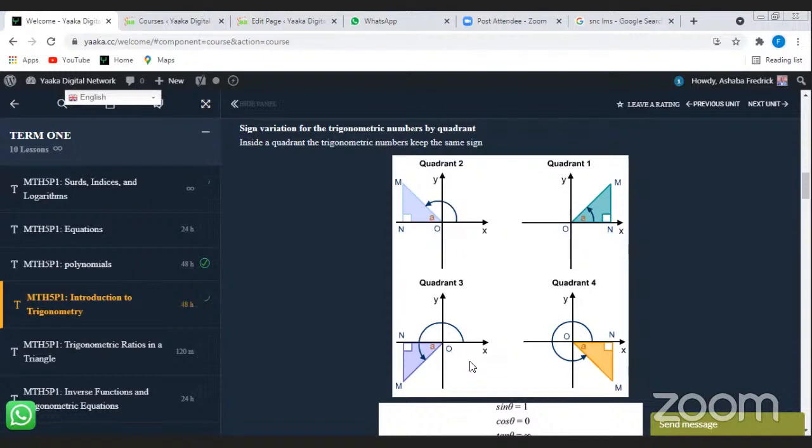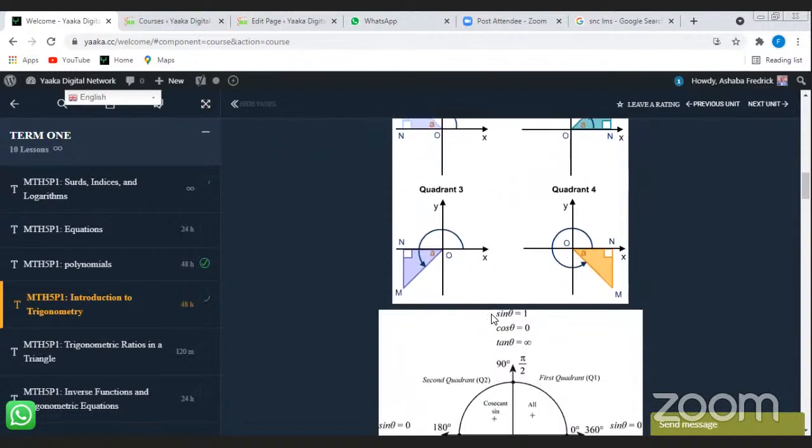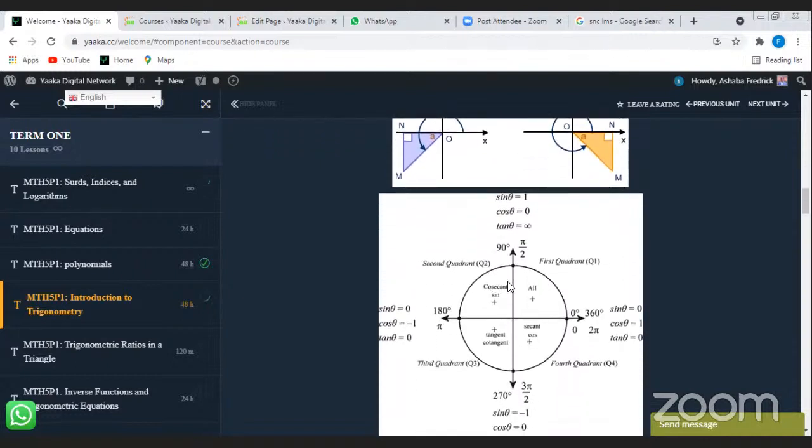Then we have the one which talks about the special angles. I think it is also somewhere in one of the videos. So the ACTS is here. Here all are positive. Here it is sine and maybe cosecant which is positive.